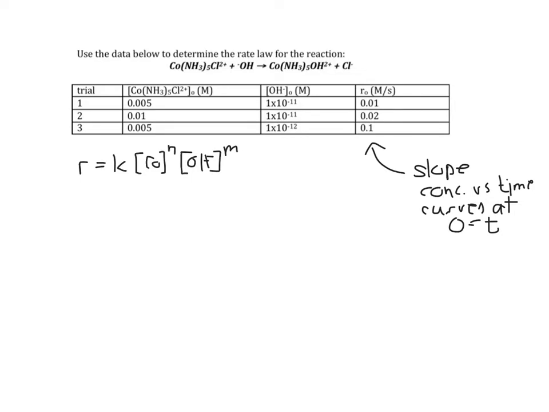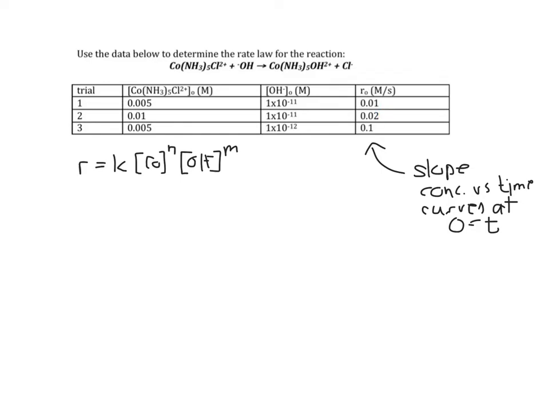So if we have 2 experiments where we've kept the OH minus concentration the same, so these trial 1 and trial 2, we have the OH minus concentration has stayed the same, but we've varied the cobalt amine complex concentration. And we can see that the rate has changed.